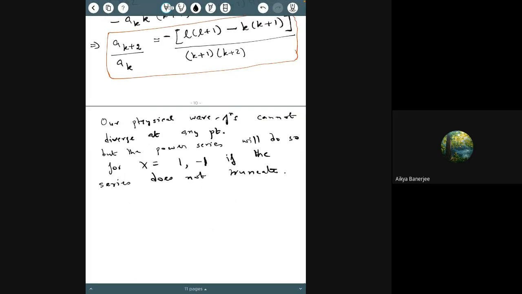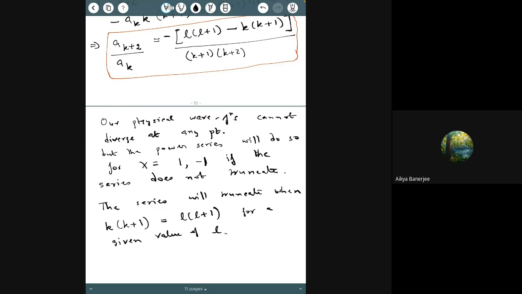And when will the series truncate? The series will truncate when k into k plus 1 is equal to L into L plus 1 for a given value of L. So L is a parameter in the original equation, right?